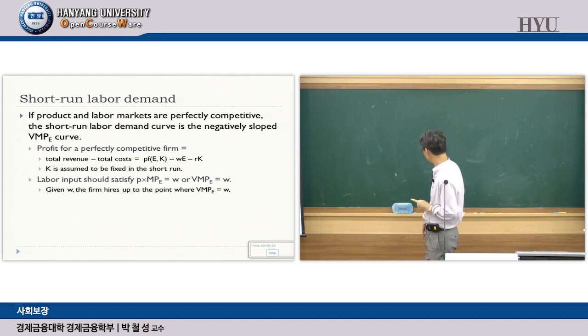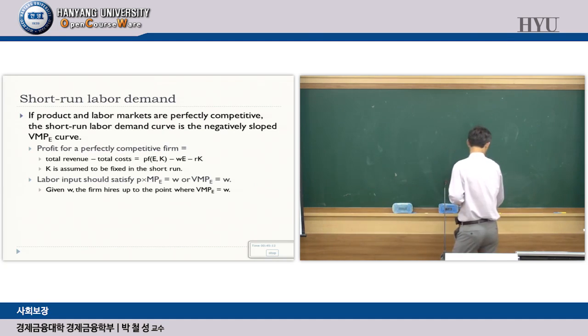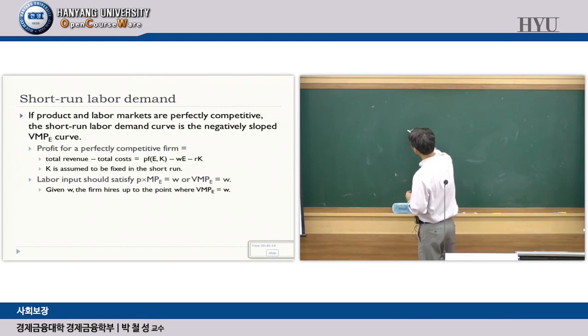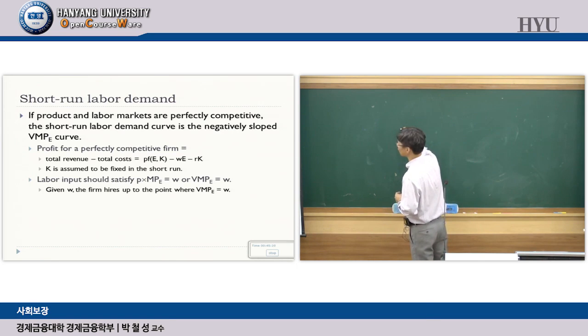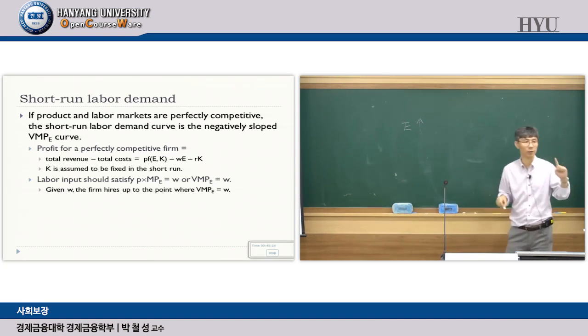The idea is pretty simple. In the short run, you can change only the labor input. So if you increase labor input by 1 unit, let's say that each unit costs you $W, the wage rate.